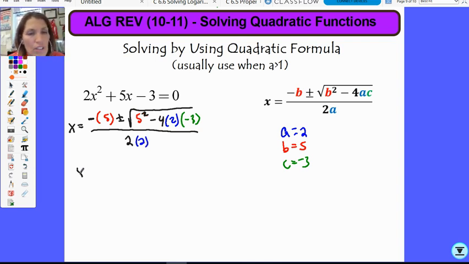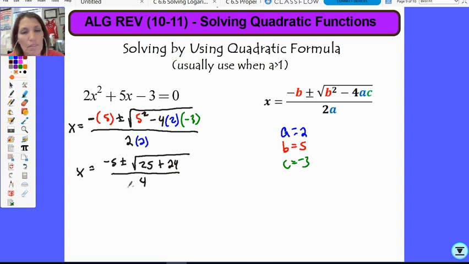So x equals negative 5 this time, plus or minus the square root of 25. And this is negative 8. Negative 8 times negative 3 is a positive 24. So plus 24 this time, all over 4. So x equals negative 5 plus or minus the square root of 49.